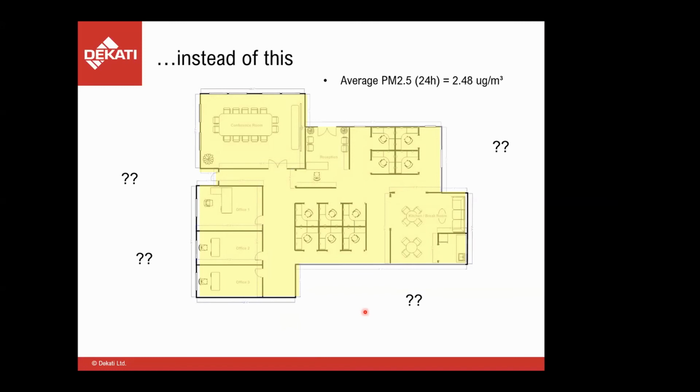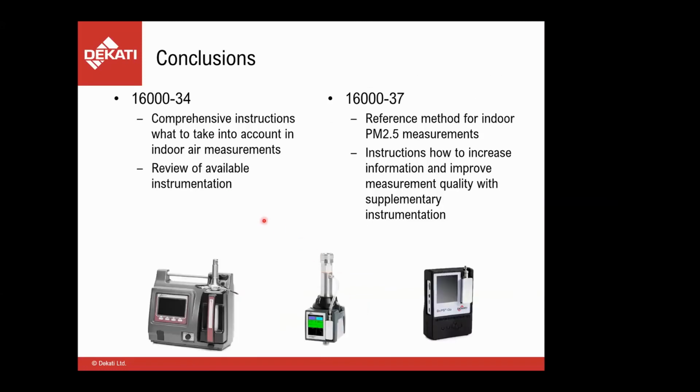So in conclusion, two parts of the standard. We have part 34 that gives you comprehensive instructions on what to take into account in indoor air measurements, and it has a thorough review of the available instrumentation and their operating principles, advantages and disadvantages.